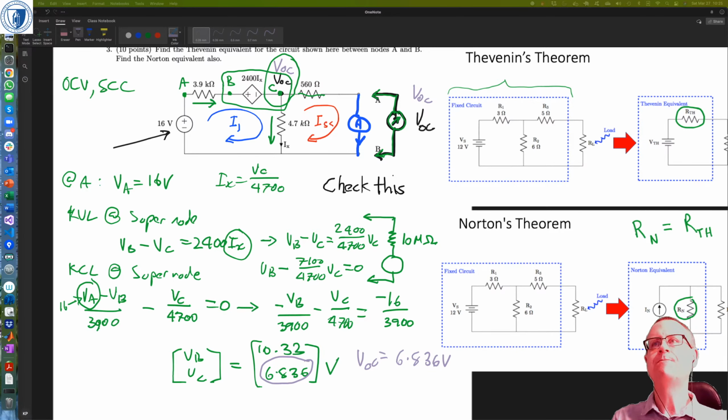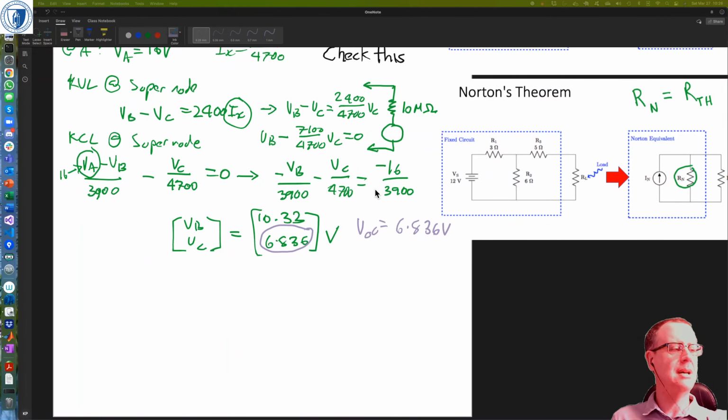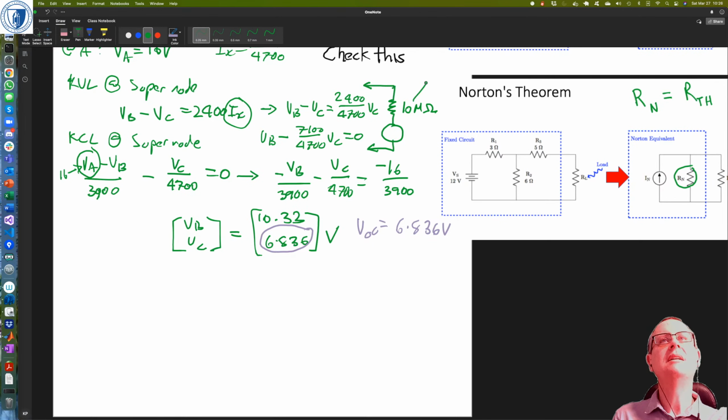And now we've done the open circuit voltage piece. Now we need to do the short circuit current. And just like I was saying about the reason why a voltmeter needs to have a high impedance is to have as little effect on the circuit as possible. All right, so that's a voltmeter.